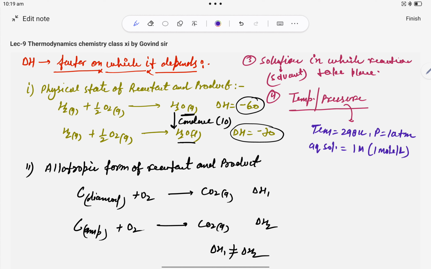That time enthalpy is represented as H naught, standard change in enthalpy. So these are the factors on which enthalpy change depends. Hope you are getting it.